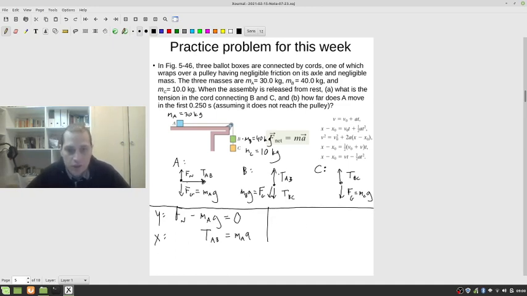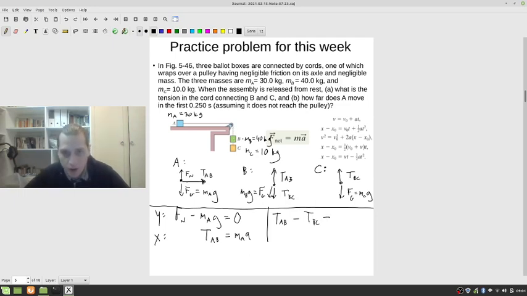For B, what is your force equation? You're going to write F equals ma. So let's have up be positive and then down be negative. So in our y direction, we would have TAB, and then pulling down, we would have minus TBC. Remember, we have a tension in this string, and we have a different tension in this other string.